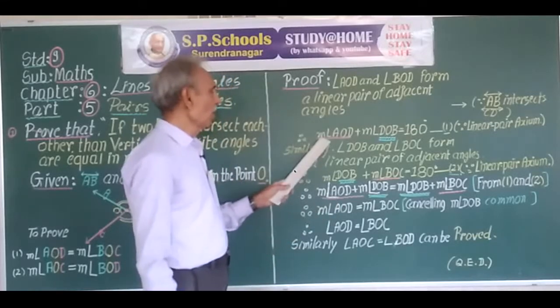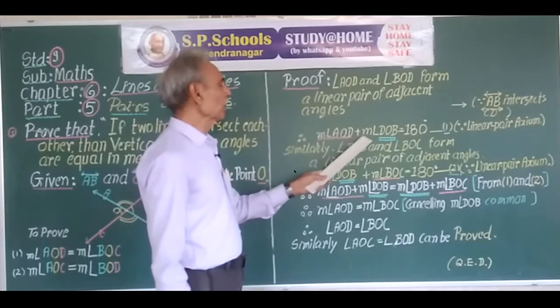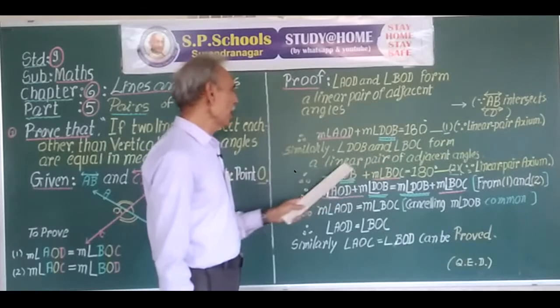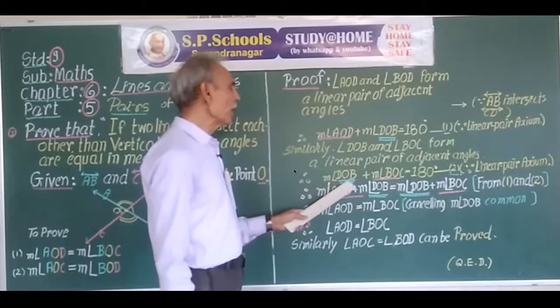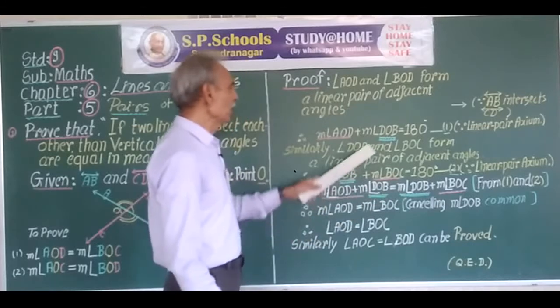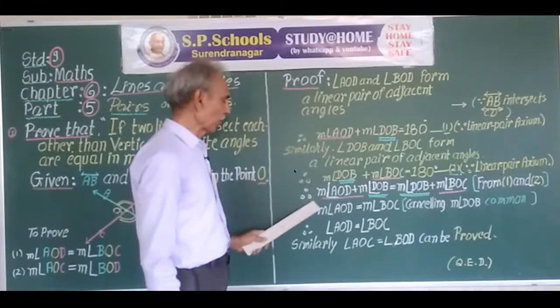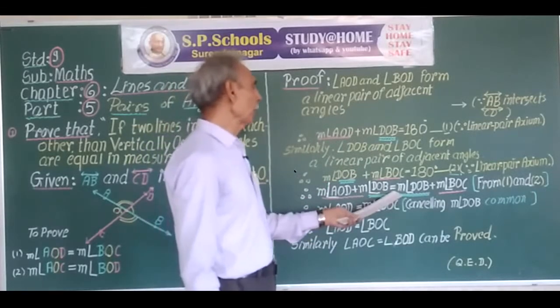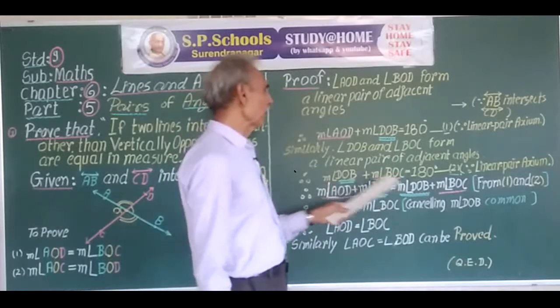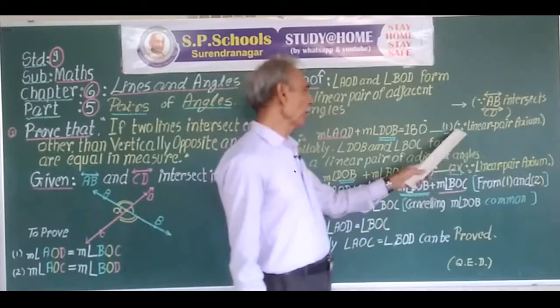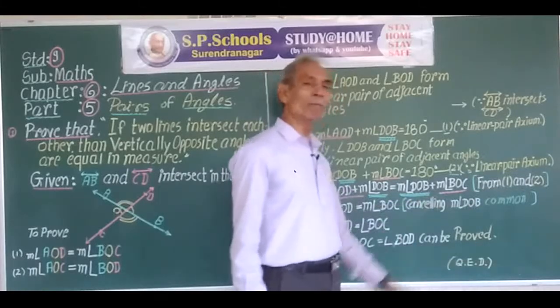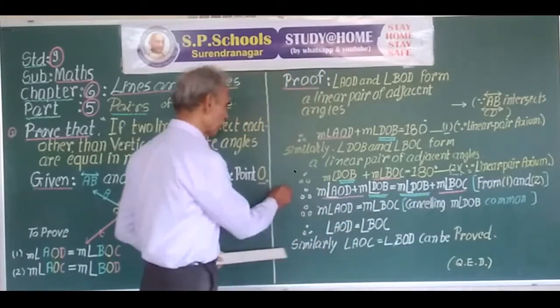That is, measure angle AOD plus measure angle DOB equals measure angle DOB plus measure angle BOC. From equation number 1 and equation number 2, comparing, we can give this statement.